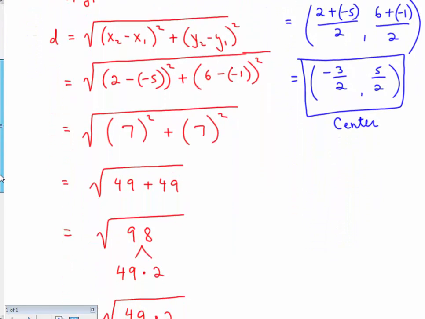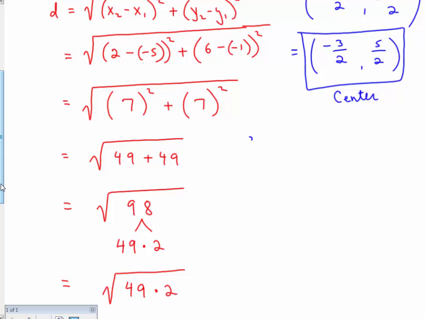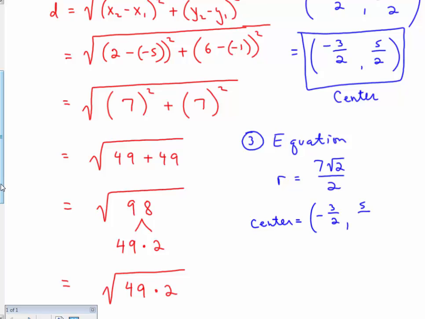Now let's collect the information that we are given to do the final part of the problem. The final part was to write the equation of the circle. We have found out that r equals 7 square roots of 2 over 2, and we know that the center of our circle, which would be negative 3 over 2 and 5 over 2, gives us h and k.